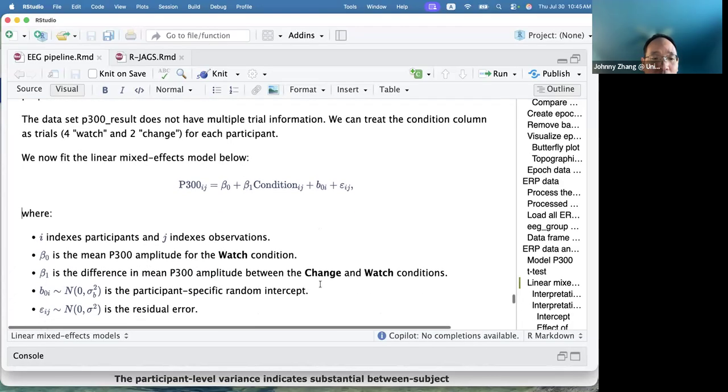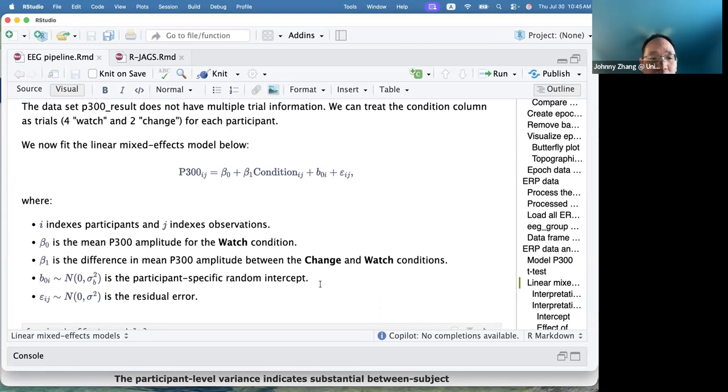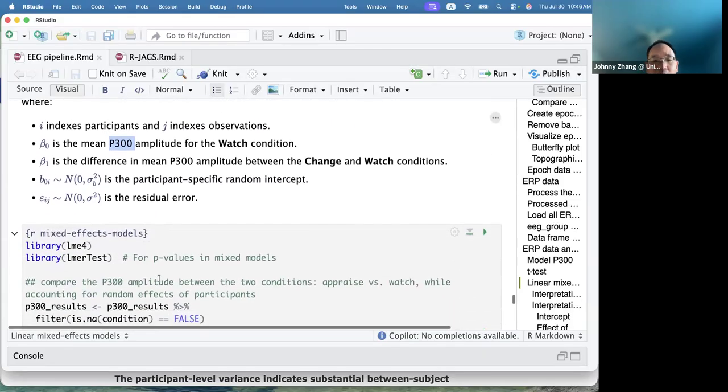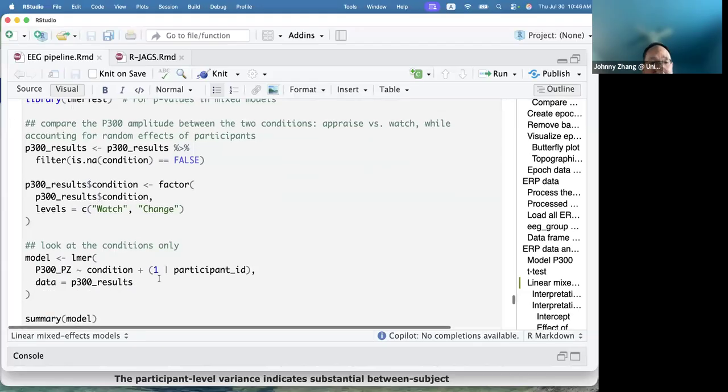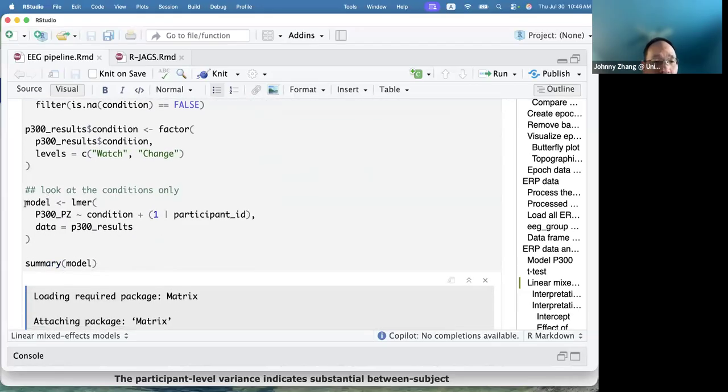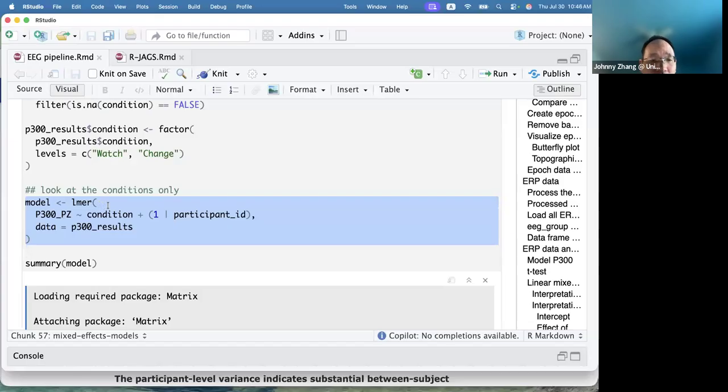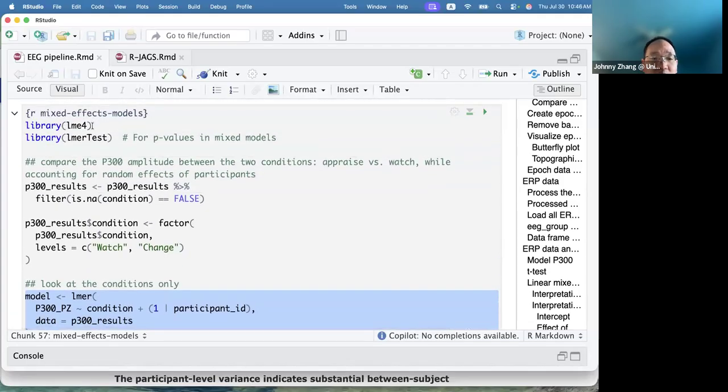Okay. So in our case, beta zero is the mean P300 for the watch condition. Beta one is the difference between the watch and the changing condition, or the appraised condition. And this is the participant-specific random effect. So how to fit the model? To fit the model, we use the lmer function from the lme4 package.